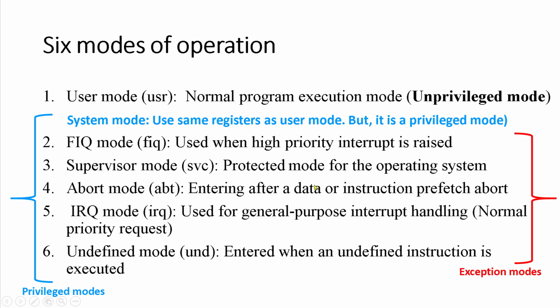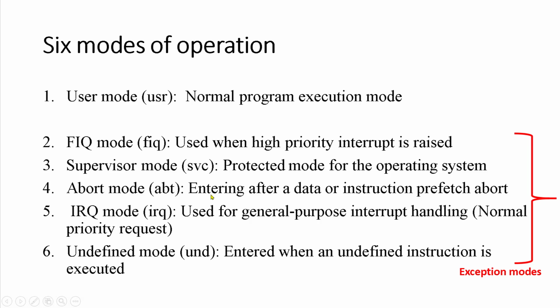So all these things you should understand. There are 6 modes of operation; the system mode is not considered in these 6. If you consider the system mode also as a separate mode, then we will have a total of 7 operating modes.